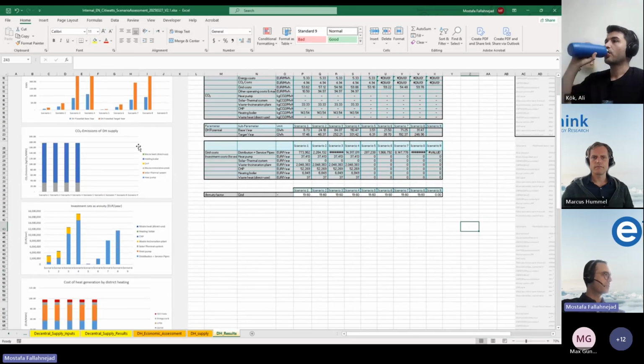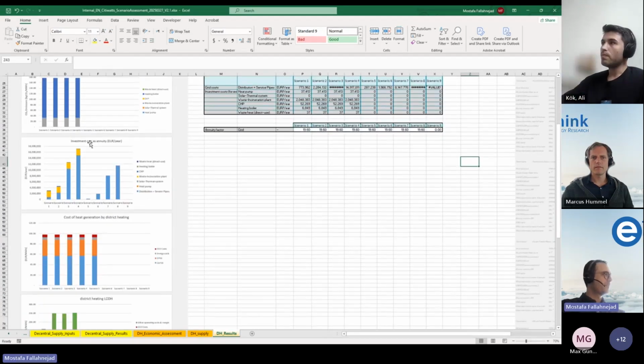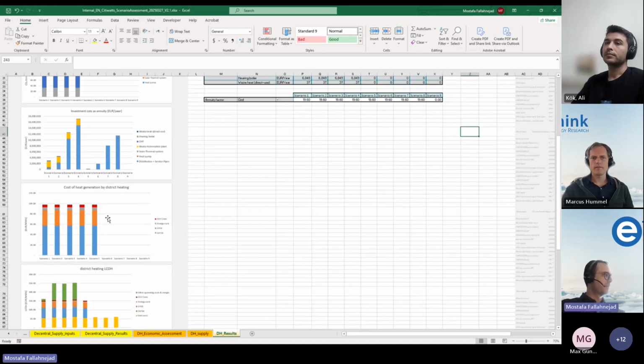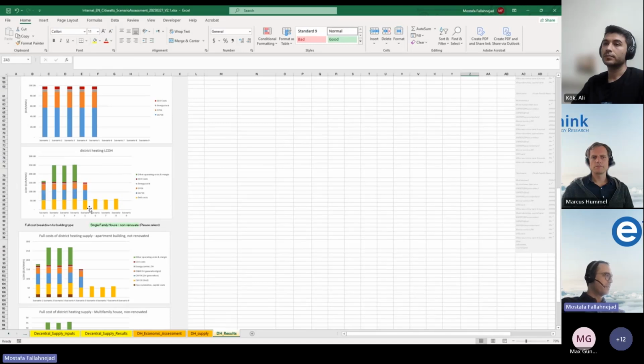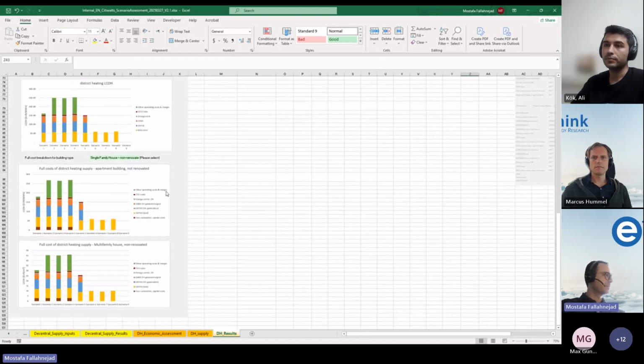Then CO2 emissions, investment cost as annuity. So you see different technologies here and also here euro per year. So it's in absolute terms. And here you have the cost of generation in euro per megawatt hour. The overall levelized cost, so basically the grid cost as well as the generation cost altogether. So then the full cost of district heating.